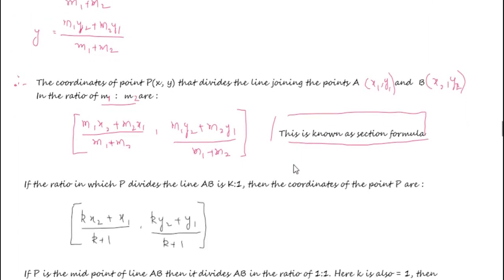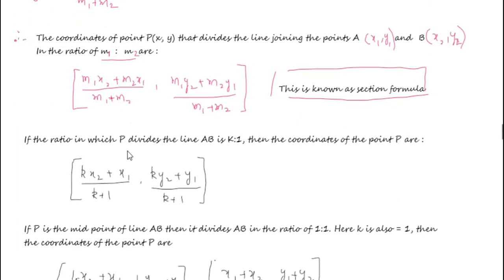Now, if the ratio in which P divides the line AB is k colon 1 instead of m1 colon m2, we can also take it as k colon 1. Let us see how. Divide both sides by m2. This becomes m1 by m2 colon m2 by m2, that is 1. So I will take m1 by m2 as k, so k colon 1.